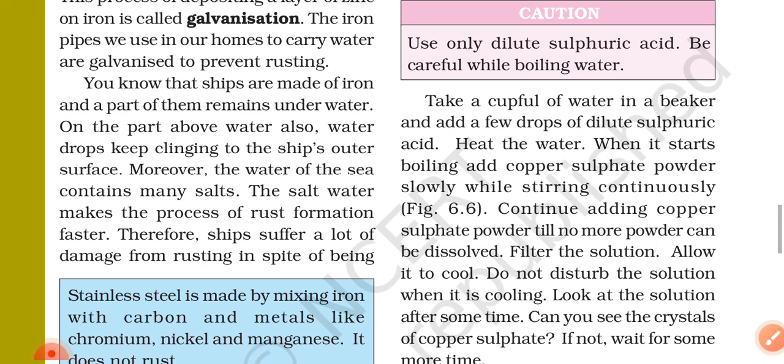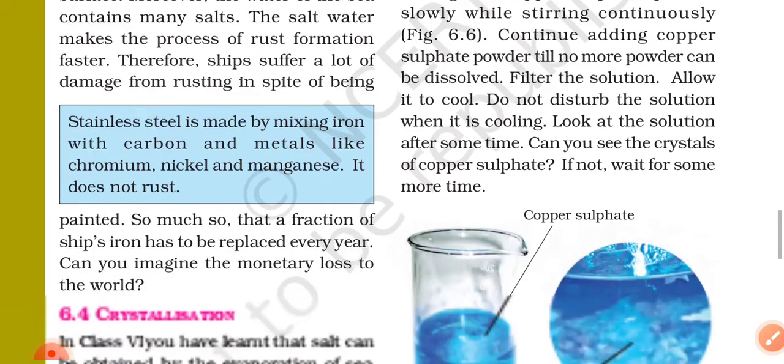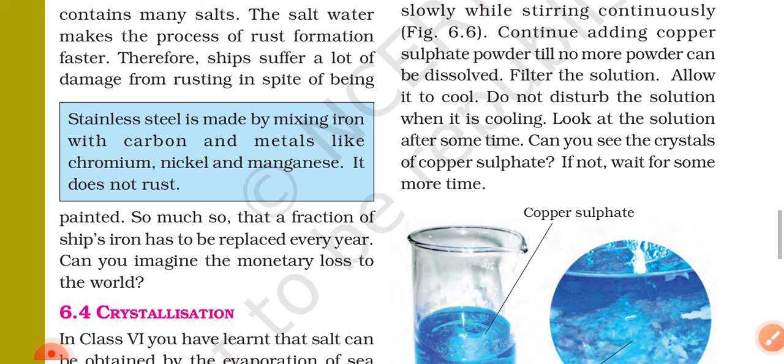Therefore, ships suffer a lot of damage from rusting in spite of being painted. So much so that a fraction of a ship's iron has to be replaced every year. Can you imagine the monetary loss to the world?